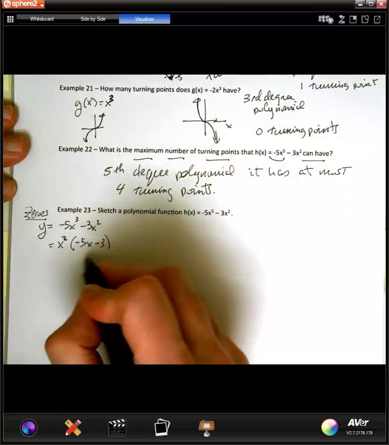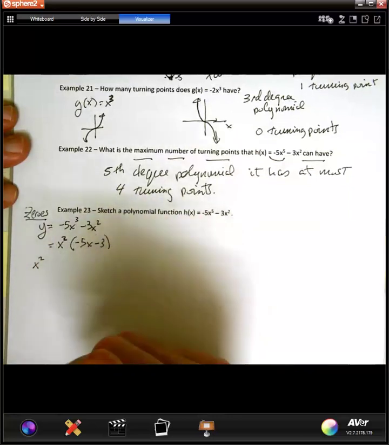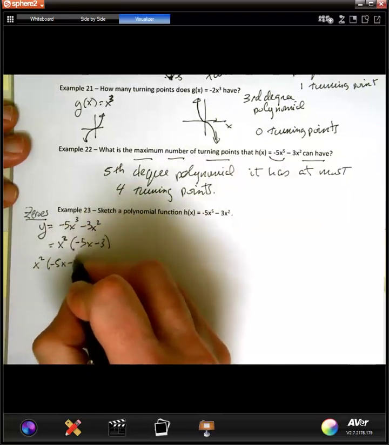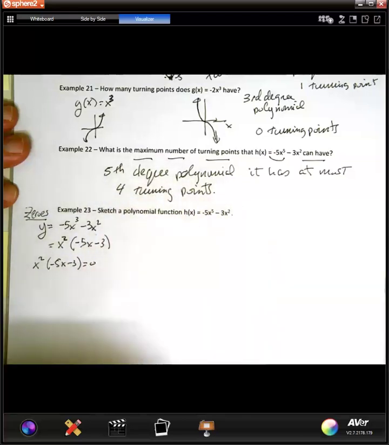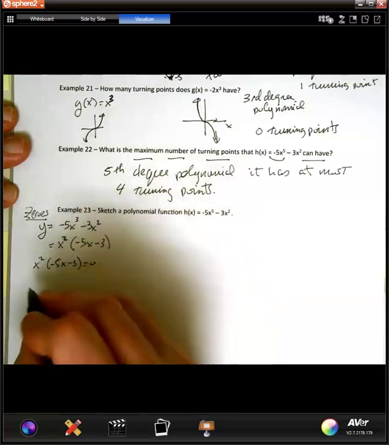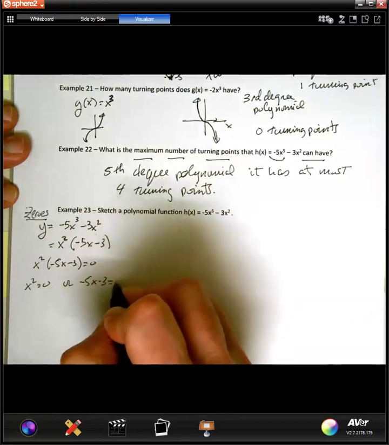And immediately I said, okay, the product of this, we want this now to be equal to 0. First I factor, now I'm going to set this equal to 0 to figure out the zeros, and I got x squared is equal to 0, or negative 5x minus 3 is equal to 0.